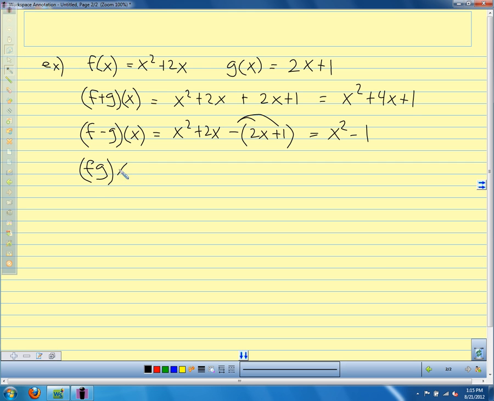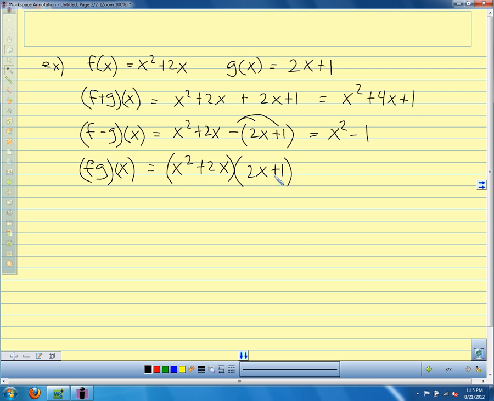F times g. I'm going to multiply these two functions, x squared plus 2x times 2x plus 1. And to multiply this, I have to FOIL.